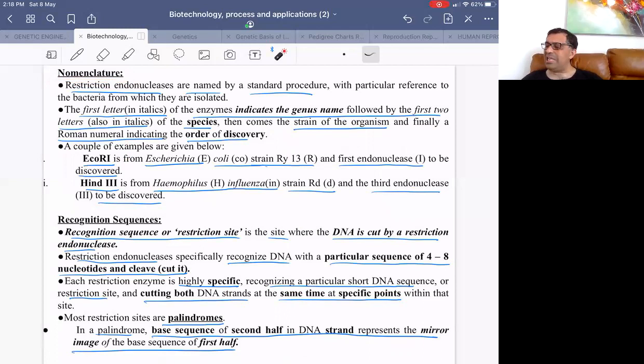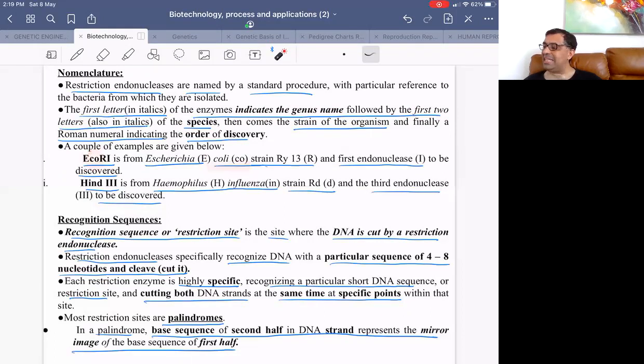The first letter in italics of the enzyme indicates the name of the genus, so genus of the bacteria. E stands for Escherichia. Then the second two letters are the name of species. So, co stands for coli.